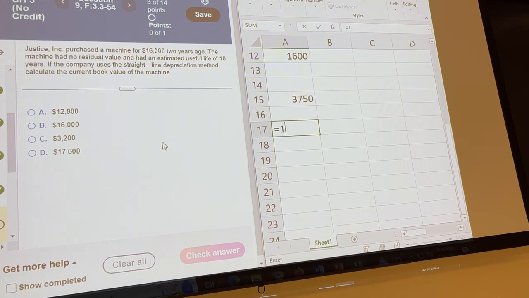So cost is $16,000. So first year's depreciation we would subtract would be $1,600. Second year's depreciation we would subtract would be another $1,600. So at the end of 2 years, the book value would be $12,800.